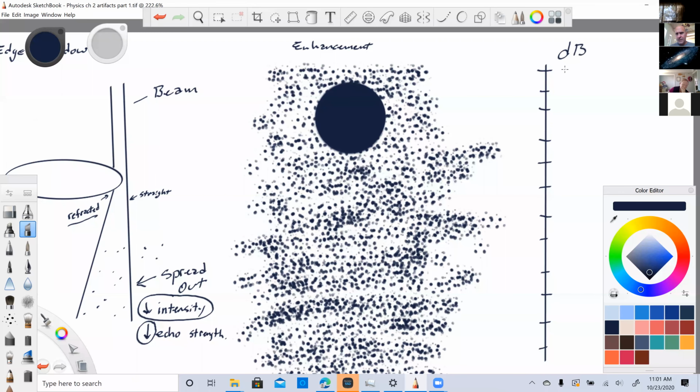Decibels, they expect 1, 2, 3, 4, 5, 6, 7, 8, 9, 10, 11. They expect 12 decibels at this depth. They expect 9. They expect 6 here. Now we have an object in here that's messing with expectations. So this means that the tissue here has 1 decibel of energy loss, of beam loss, attenuation.